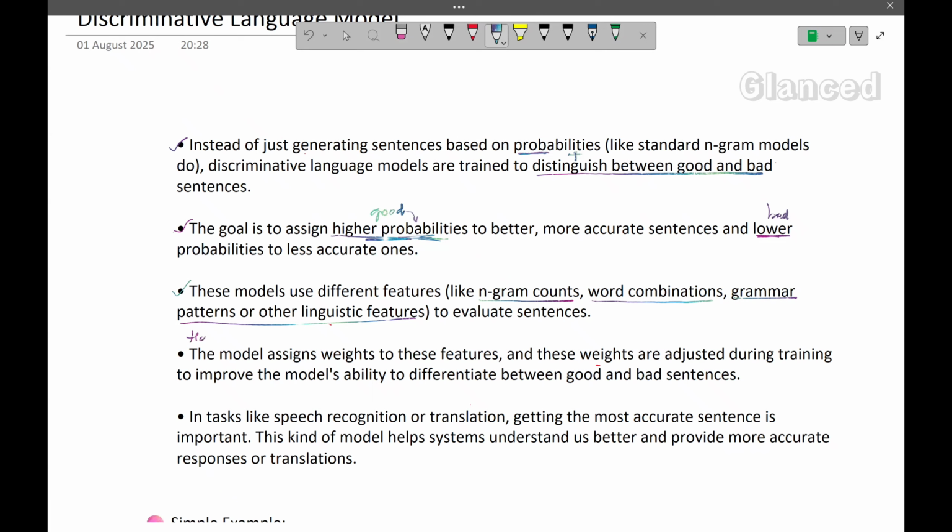But how exactly is it done? How does the evaluation process happen? That is discussed in this fourth point.